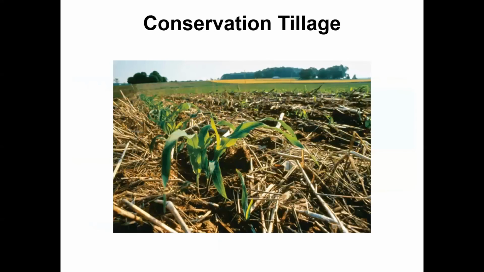Another technique is known as conservation tillage. No-till and reduced tillage farming leaves old crop residue on the ground instead of plowing it into the soil, and this covers the soil, keeping it in place. One major advantage is that it improves soil aggregation for roots to establish.